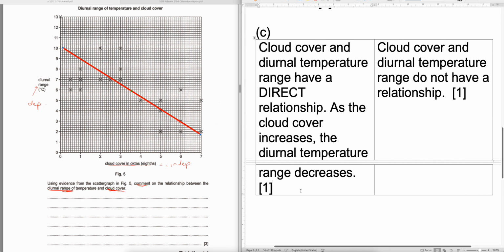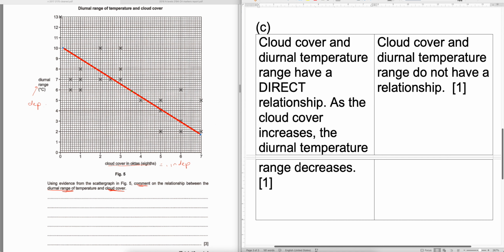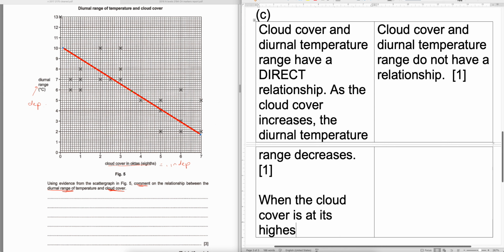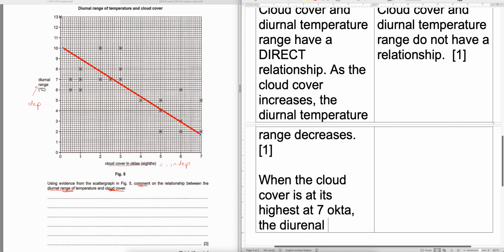Next, you need to provide evidence to back up your point. If you'd like to argue that they have a direct relationship, then point out some of the values here. Don't forget to give adjectives to your values when you give the conclusion. For example, when the cloud cover is at its highest at 7 octa, the diurnal range is at its lowest at 2 degrees Celsius.